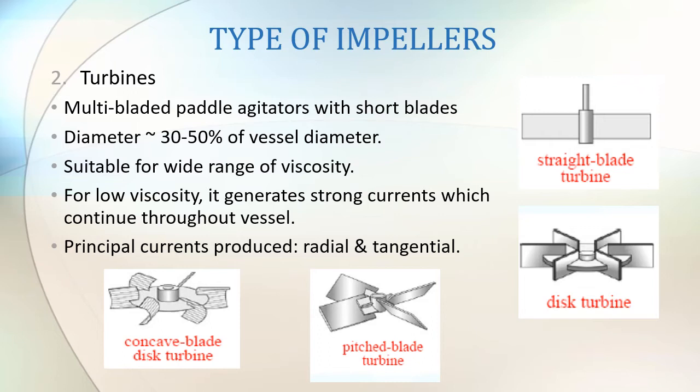So the propeller is focused on axial flow, whereas the turbine will produce radial and tangential flow. These are some examples of turbine that we can use in our tank. We can have straight blade turbine, disc turbine, pitch blade turbine, and concave blade disc turbine.